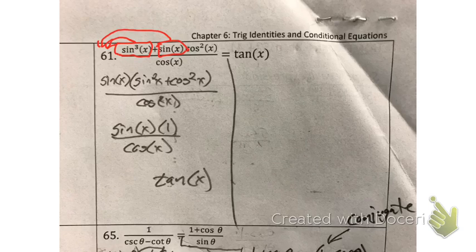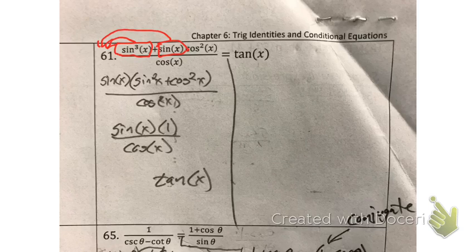Once you do that, you're left with sine squared plus cosine squared inside, which just equals 1. And then you have sine x over cosine x, which is just tangent x. But you have to recognize to factor that out. Once again, you could have changed cosine squared to 1 minus sine squared, and it all would have worked out just like in the bell work today. Other questions?